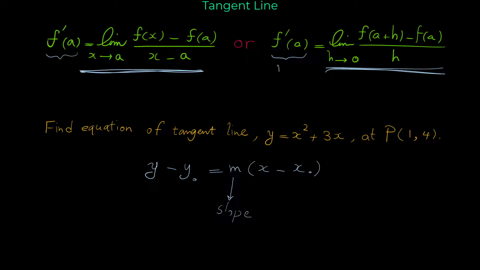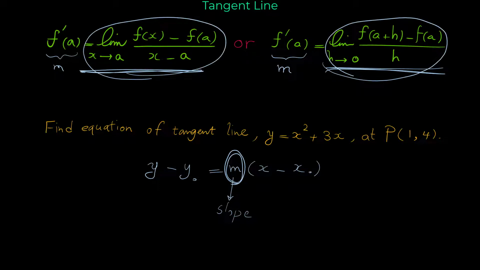Basically f prime of a shows the slope of the tangent line. So for finding the slope m, you can use this formula or this formula, and of course the answer of these limits is the same. It's completely up to you which formula to use. Here in this video, I'm going to use both of these formulas for each question, so you can understand both of them, and then you can decide which formula you prefer to use.